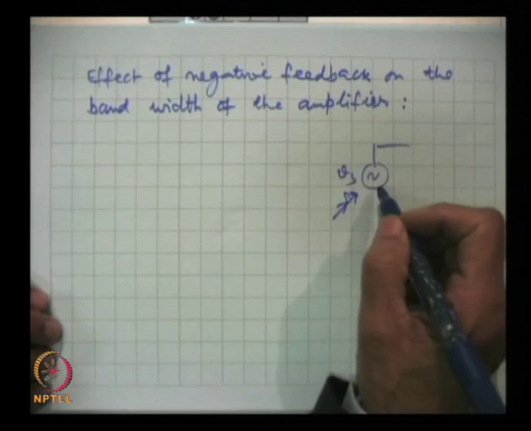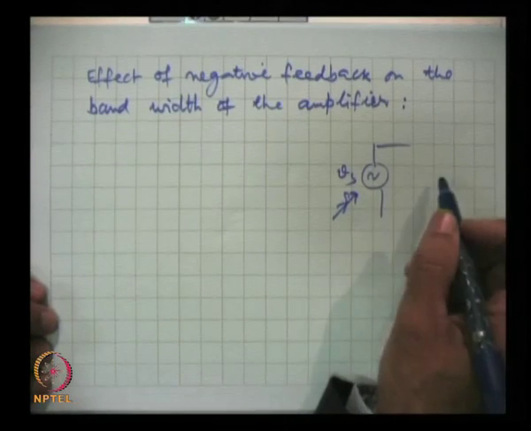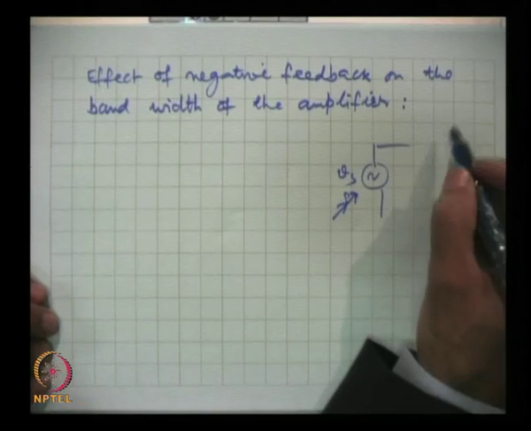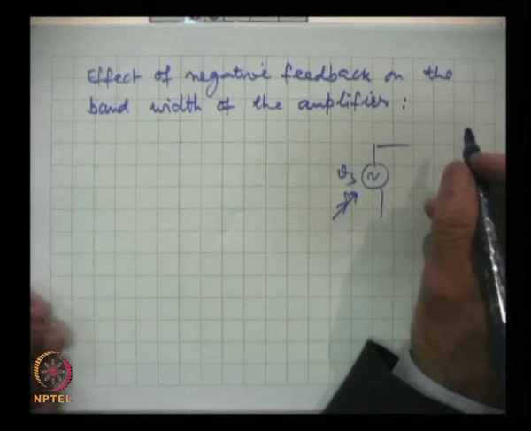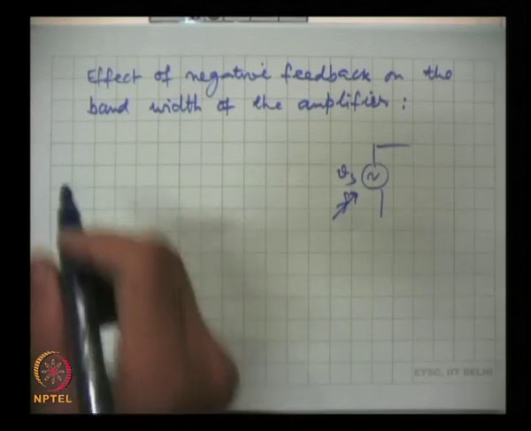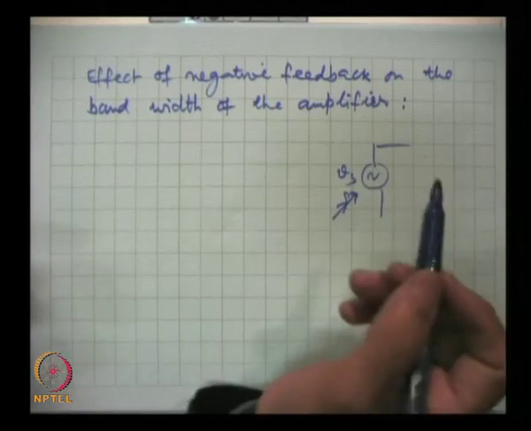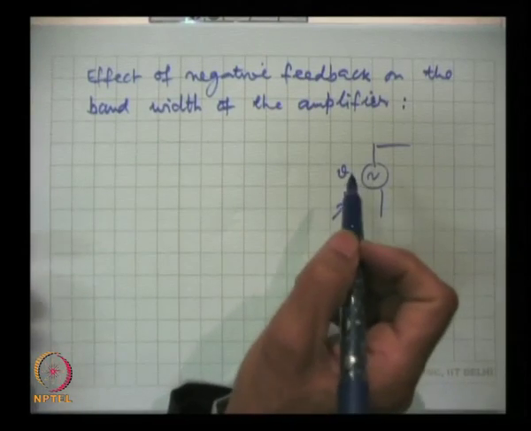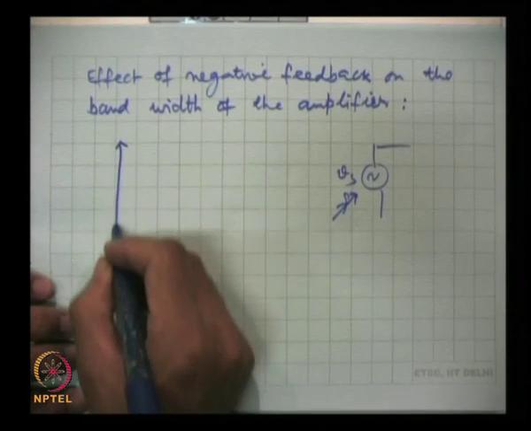Frequency is varying. We start from very low frequencies and go to high frequencies and measure the gain of the amplifier. For example, it may simply be a voltage gain. Then when we plot gain versus the signal frequency, what kind of plot do we get? This is this.